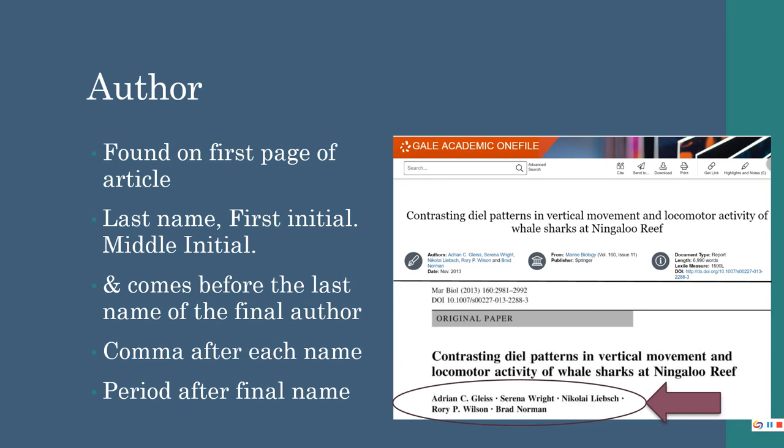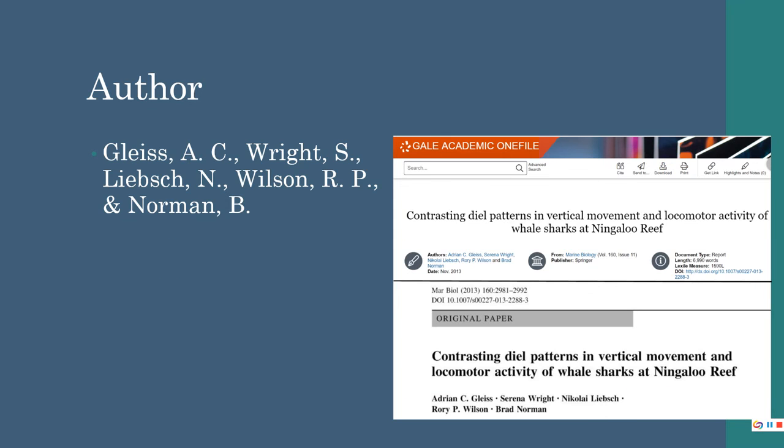In the case of our example, the names will be written Gleiss, comma, A period, C period, comma, Wright, comma, S period, comma, Leipsch, comma, N period, comma, Wilson, comma, R period, P period, comma, ampersand, Norman, comma, B period.